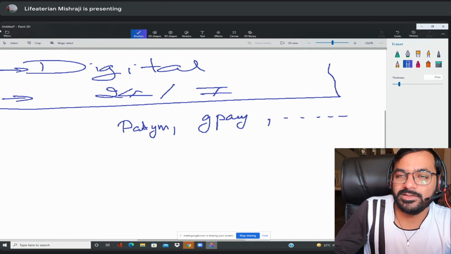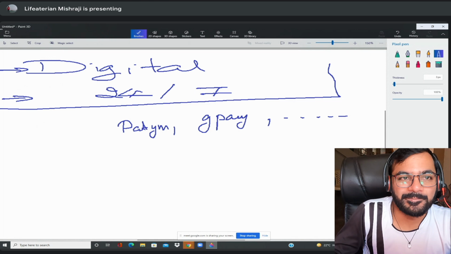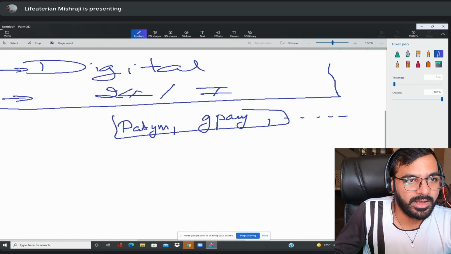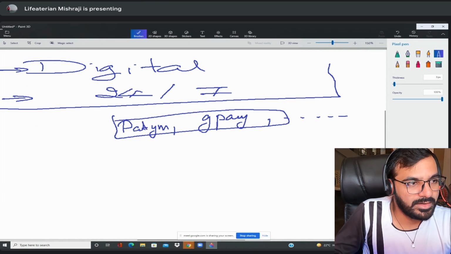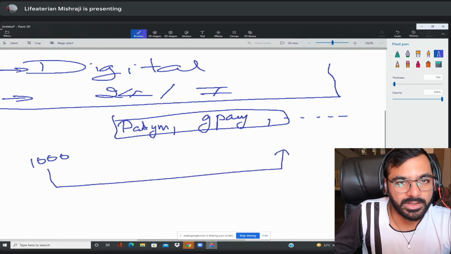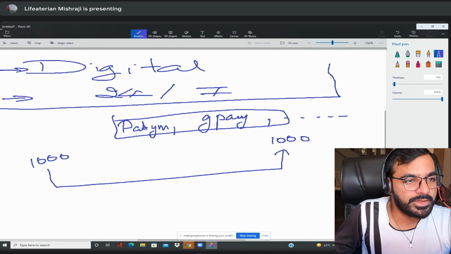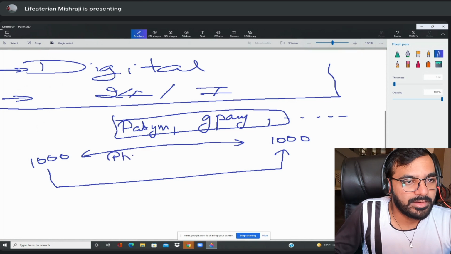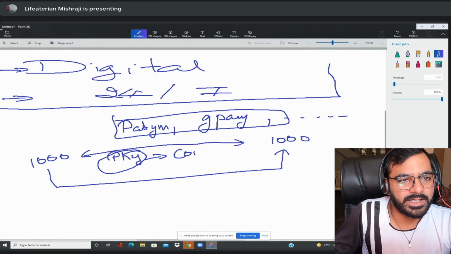This is also a digital currency, no? See, the whole idea of doing this payment is, for example, you have 1000 rupees in your account, and you are transferring that 1000 rupees from one account to another account without anything physical, anything tangible. That can be coins, that can be notes, correct?